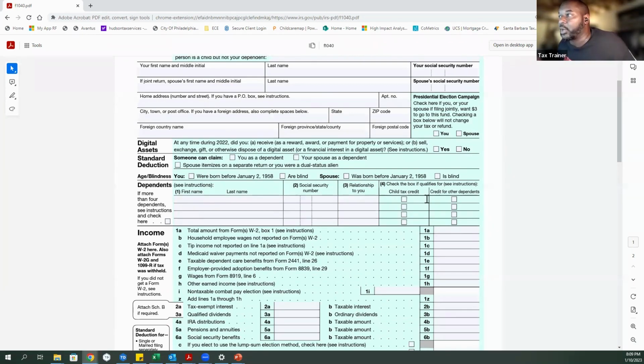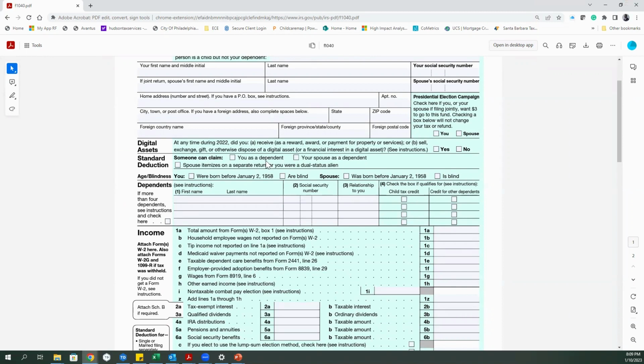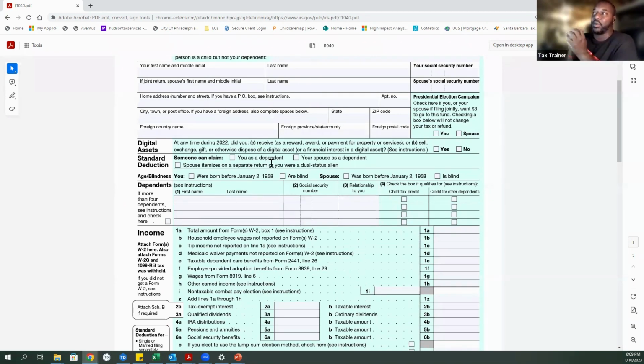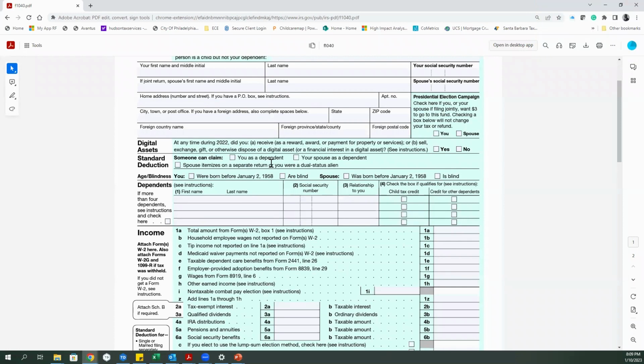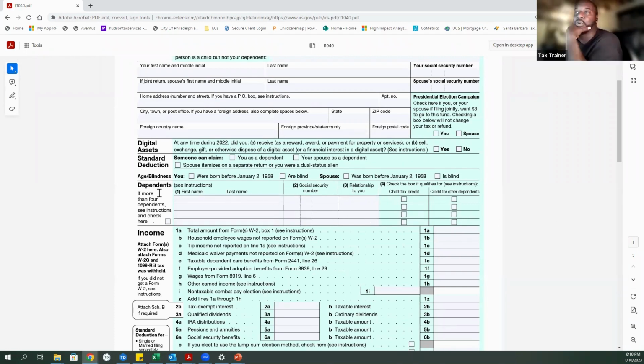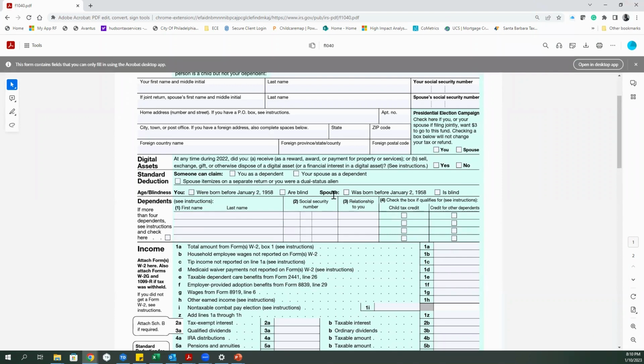It would be checked off as somebody that I'm putting on my tax return to help me get head of household. But yeah, I would not get any of these codes. The dependent wouldn't even show up here. It wouldn't even show up there.